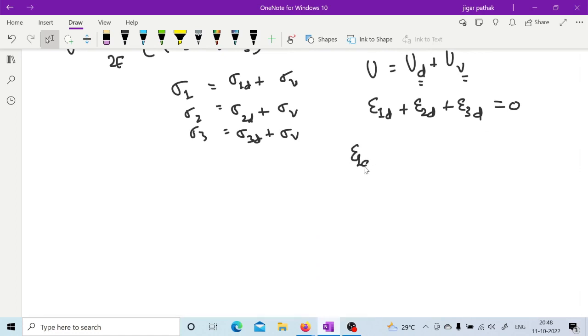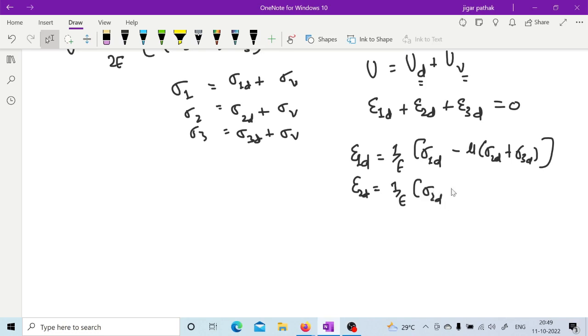Again, E1D, E2D and E3D can be represented with this, right: sigma 1D minus mu sigma 2D sigma 3D. Can you say how distortion and volume change differ? See, in distortion there is no change in volume, only a change in shape.